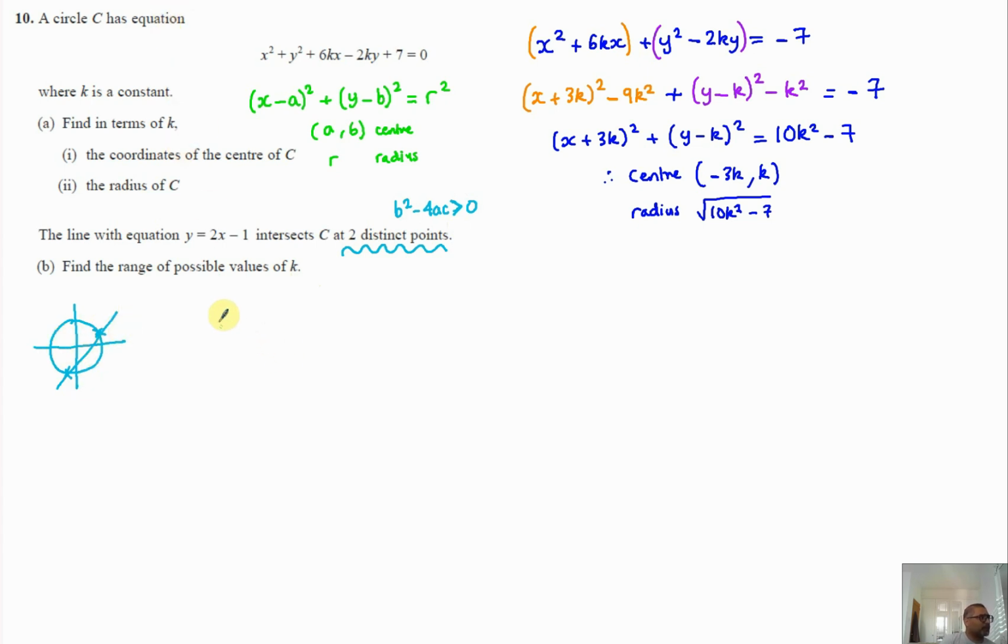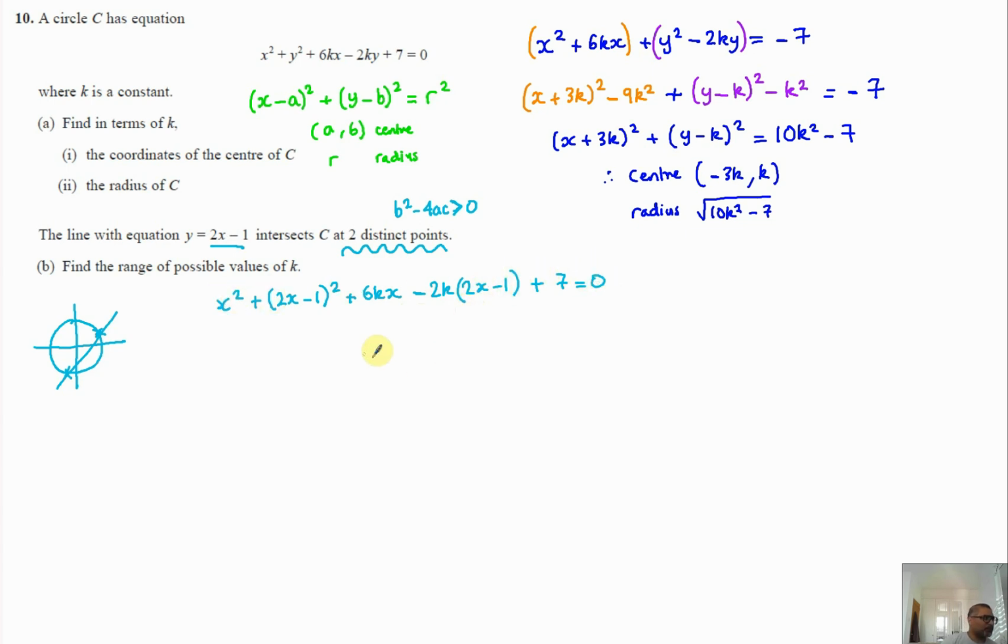So let's do our subbing in first. So I want to sub in y equals 2x minus 1. So x squared plus (2x minus 1) squared plus 6kx minus 2k times y, so times (2x minus 1), plus 7 equals 0.